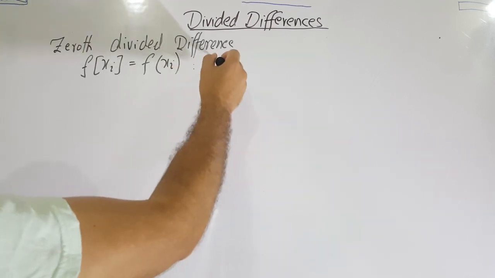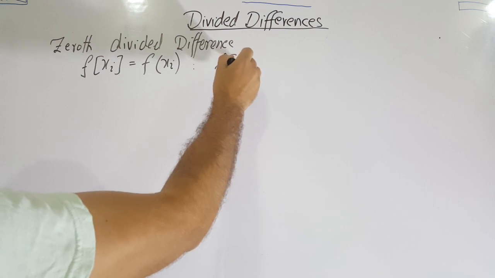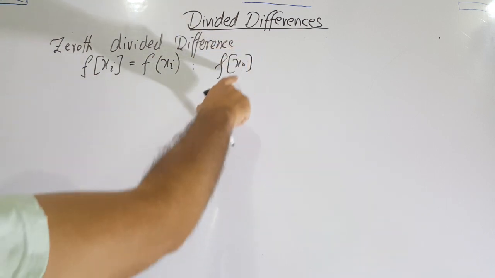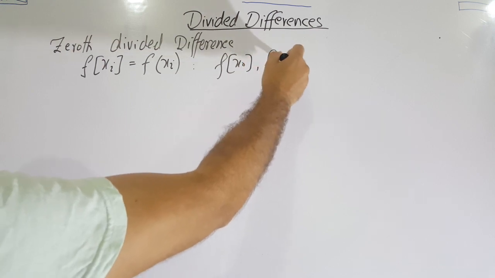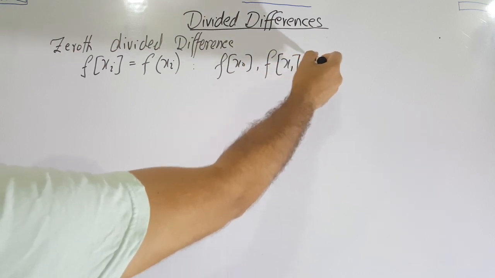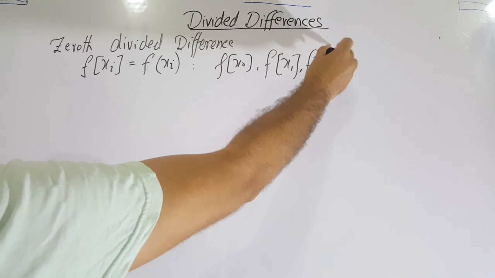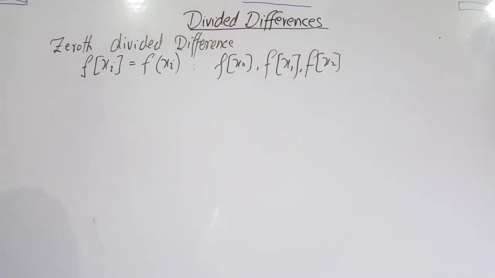So that means that for any particular x, we can find out any particular value.